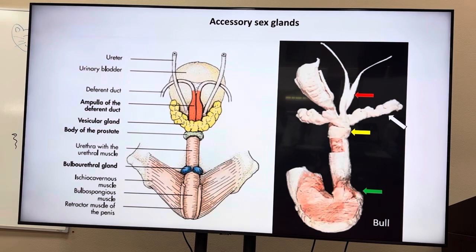The prostate is a very important structure, and we have what we call the disseminate part and the compact part. So it has two different parts. These different parts are found in large ruminants.